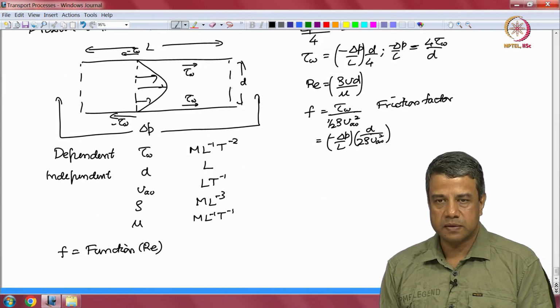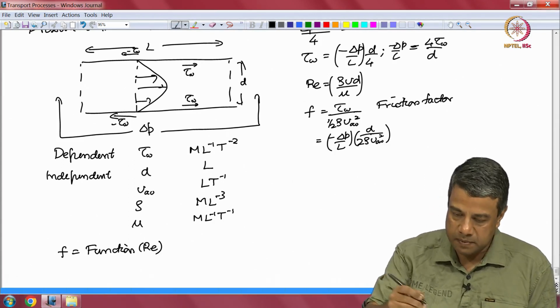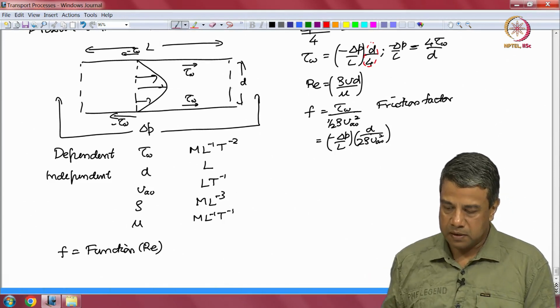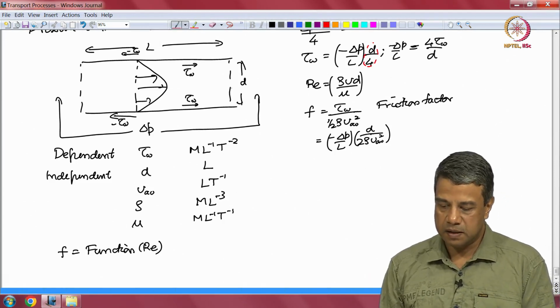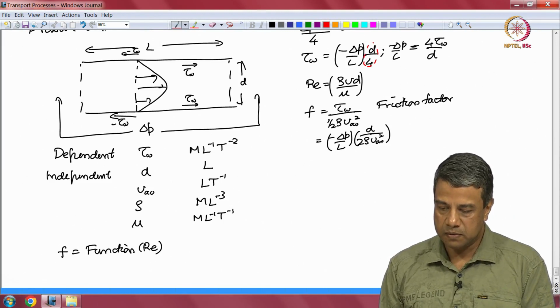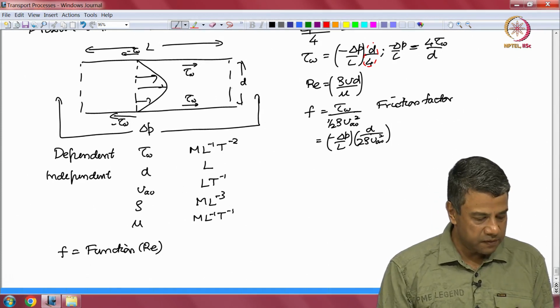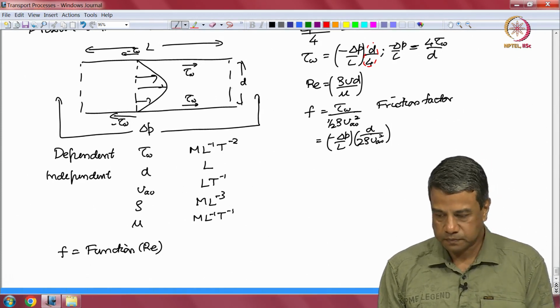Half rho V average square in the denominator, and multiplying tau w by d by 4, I will get minus delta p by L into d by 2 rho V average square. So, this is what is called the friction factor.